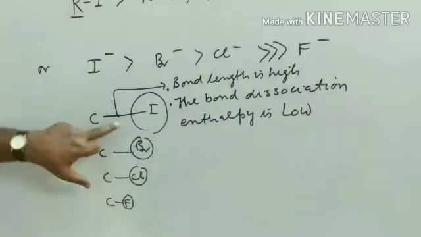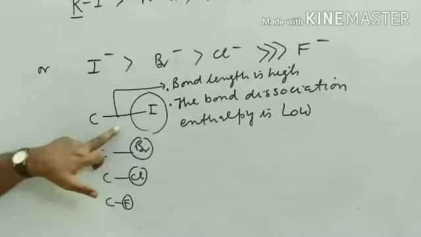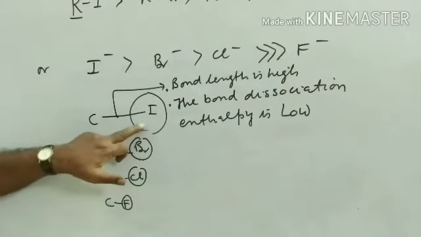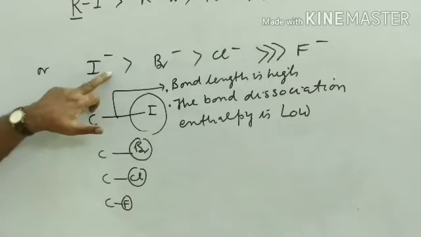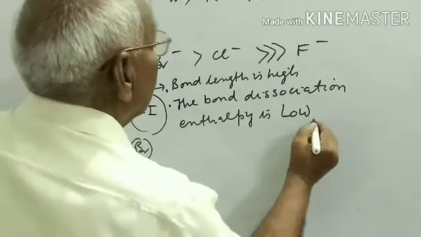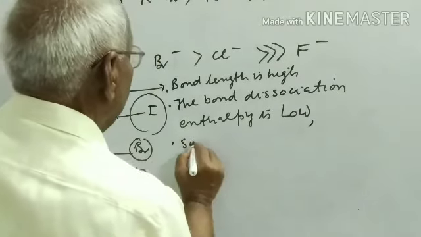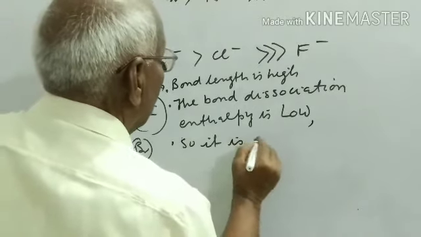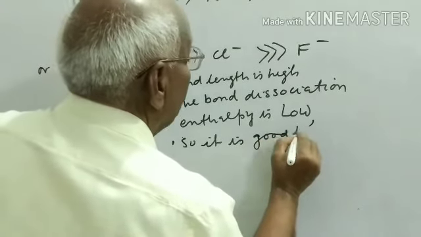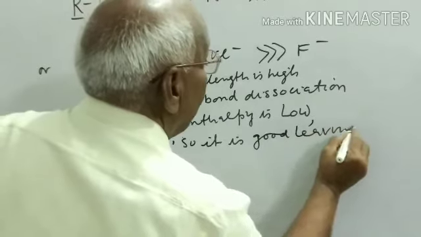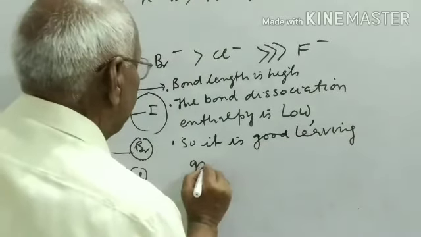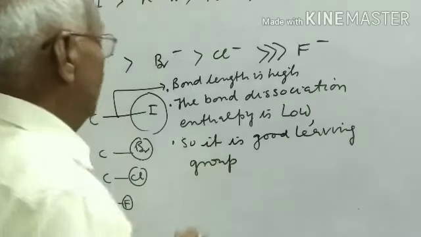That is why iodine in the form of iodide ion is a good leaving group. Although it is an atom, we write it as a group.